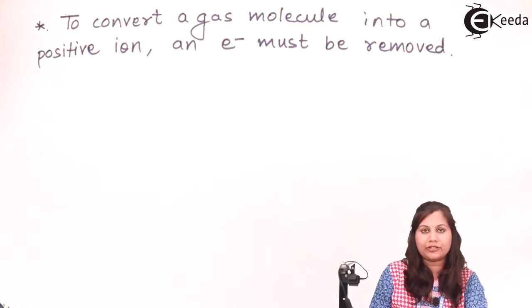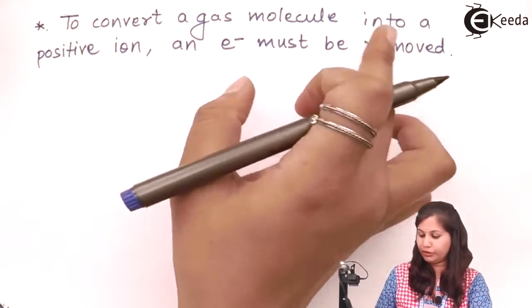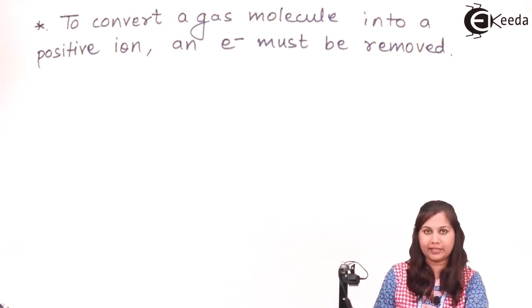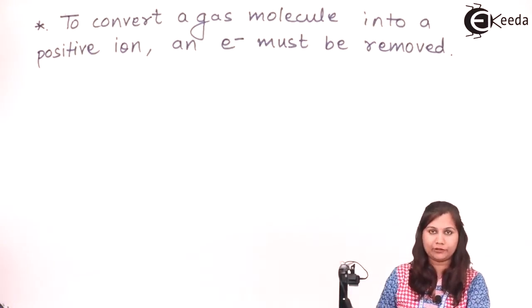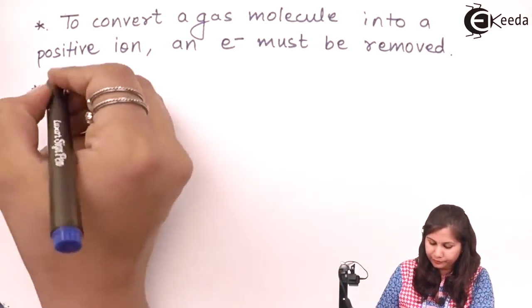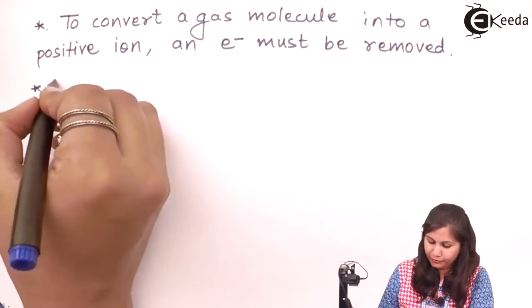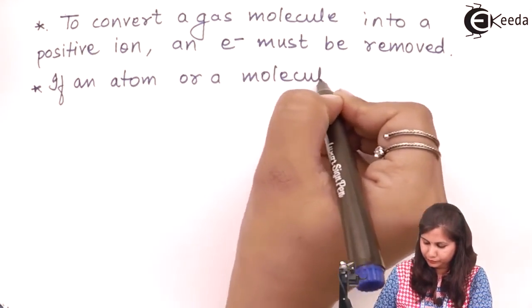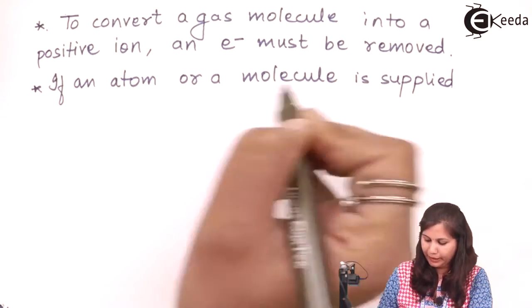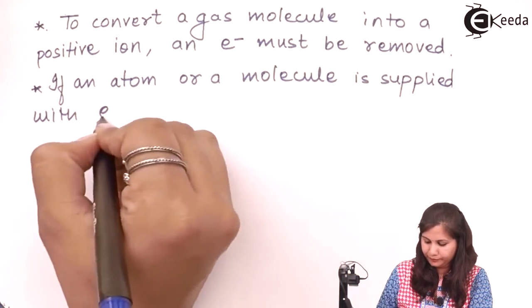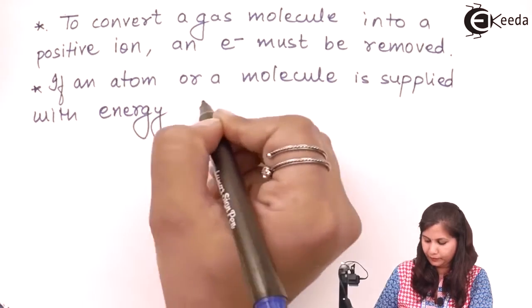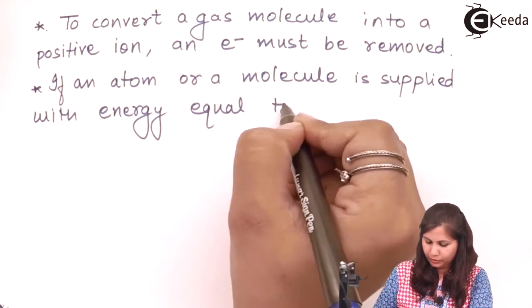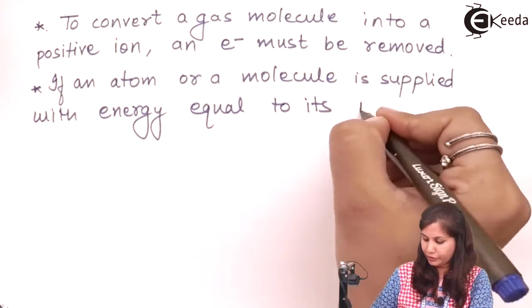Now, because the ionization vacuum gauges are based on the ionization of the gas whose pressure we want to measure, to convert a gas molecule into a positive ion by the ionization process, we have to remove an electron. Now, how can this electron be removed?